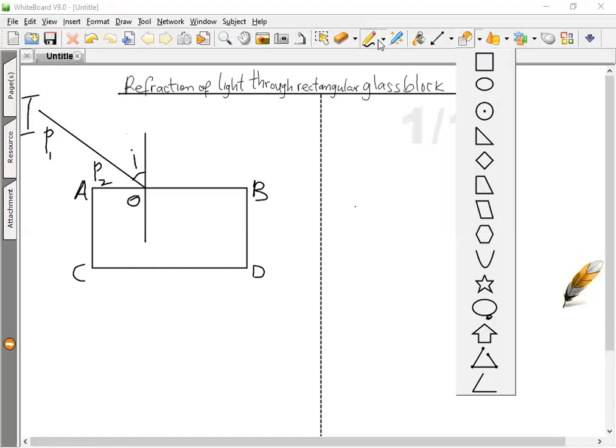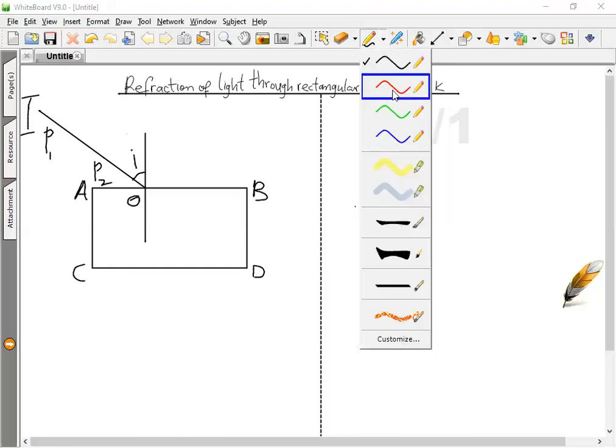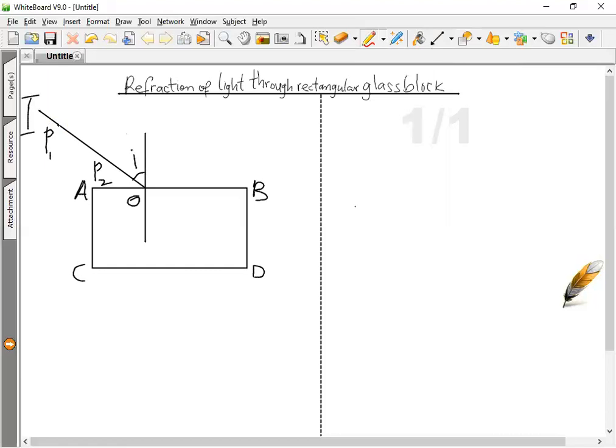Let's say P1 is here, now P2 is here. I'm going to adjust this anyway, don't worry. Those are the two points, pin 1 and pin 2.